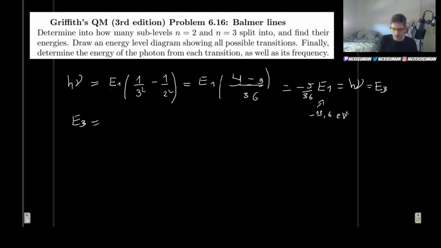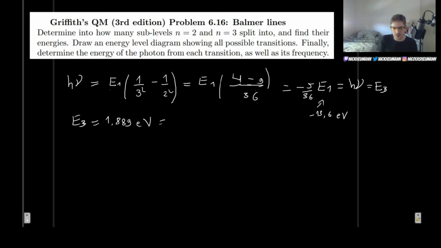So we have minus 5 times 13.6 divided by 36. So we get 1.889 electron volts. I did this as 5 times 13.6 divided by 36. Just double checking. Yes, okay.